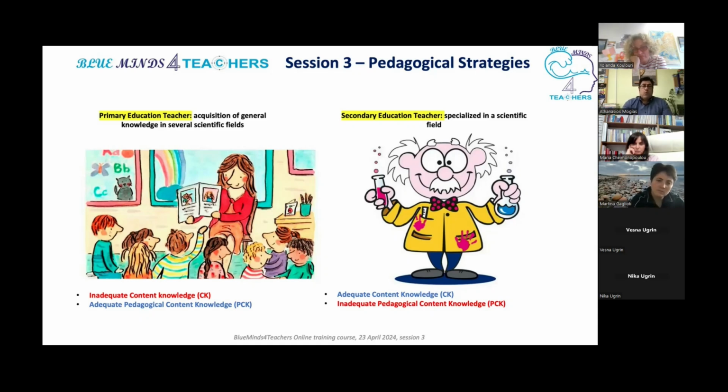This is exactly what we attempt to cover in this seminar: the lack of scientific knowledge in the field of ocean literacy during the first two sessions, mainly for primary school teachers, and respectively, the lack of pedagogical content knowledge, as we call it, mainly for middle and high school teachers.